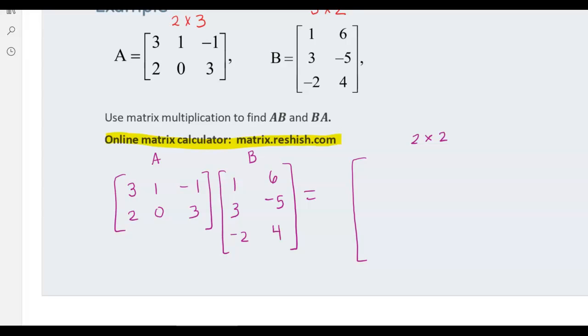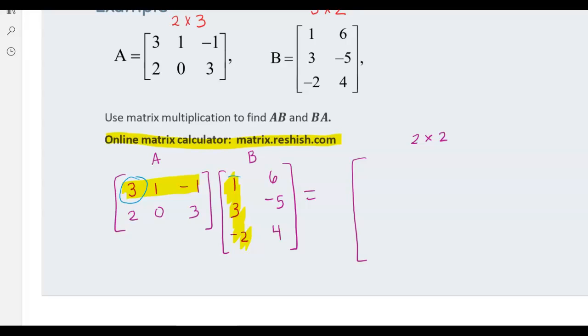Now, when I start right here, this is the first row and the first column, right? So I'm going to grab the first row from this and the first column from this. The rows are going to come from the matrix A and the columns are going to come from the matrix B. Notice I have 3 entries in each of them. So I'm going to multiply each entry as they are in order. So bear with me for a second. I'm going to take 3 times 1. The first entry in row A is a 3.